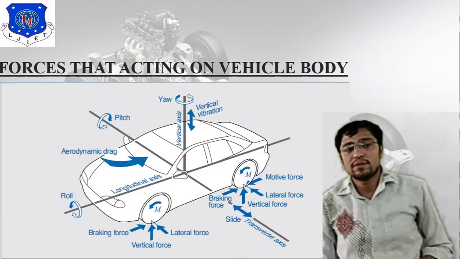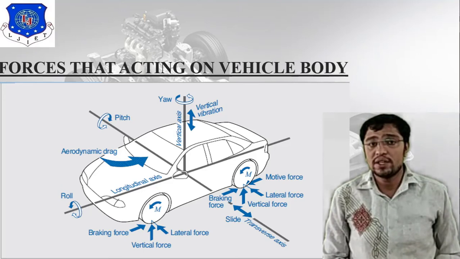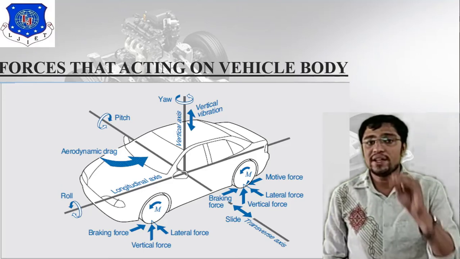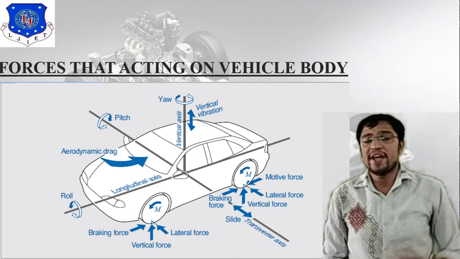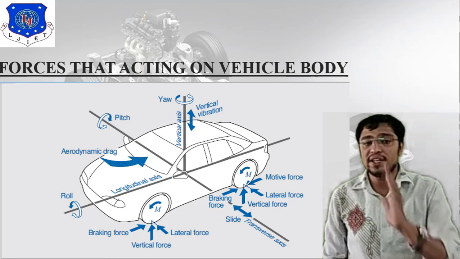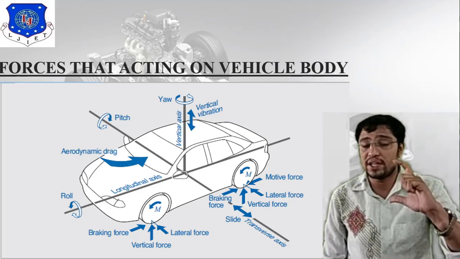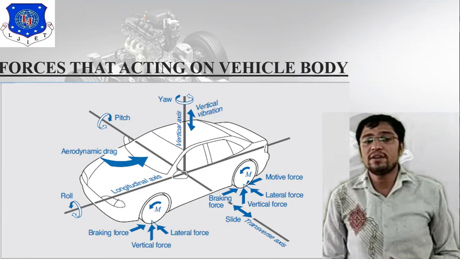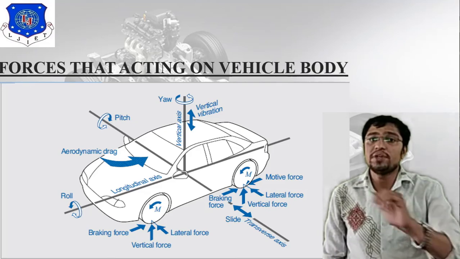Here, for forces acting on the vehicle body, I have attached one final, compiled image that directly relates to forces acting on the vehicle body. As you can see, there are three axes. First axis is the vertical axis, second is the transverse axis, and third is the longitudinal axis.